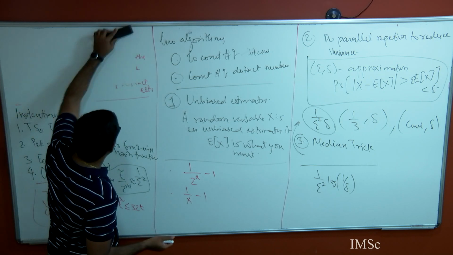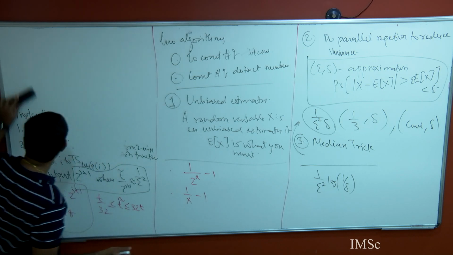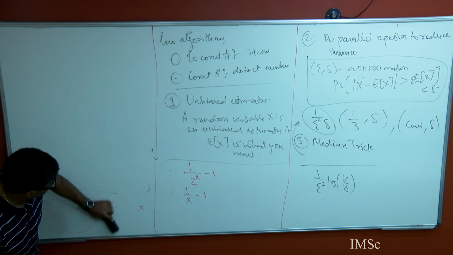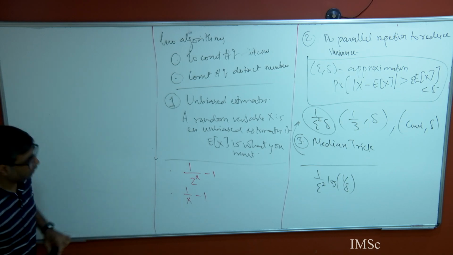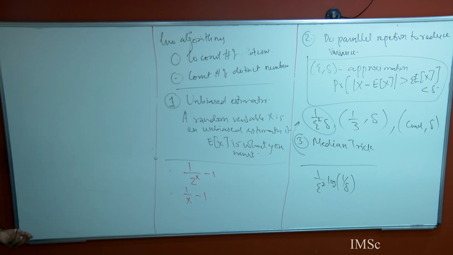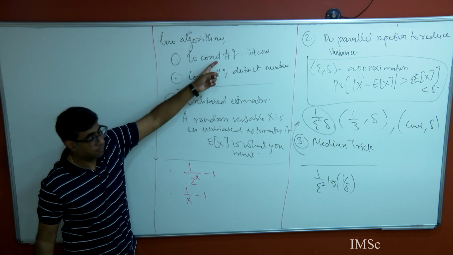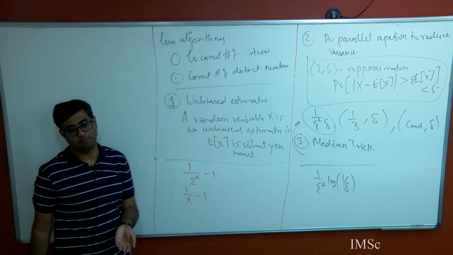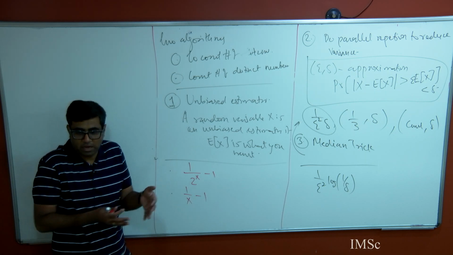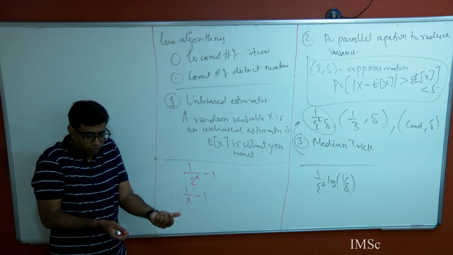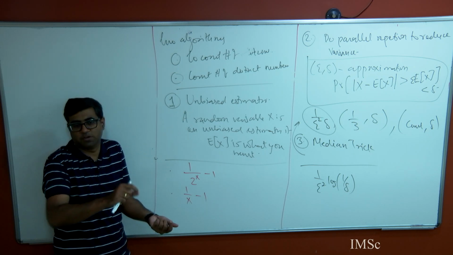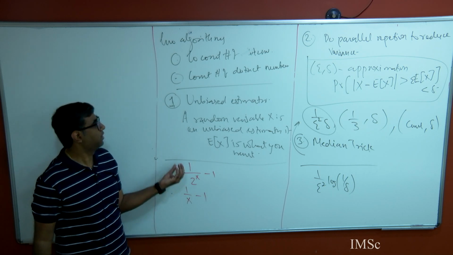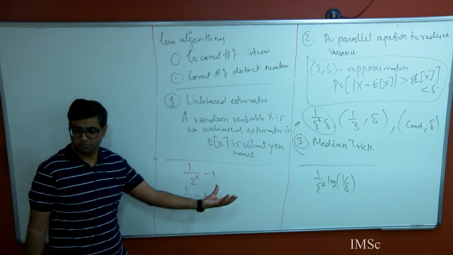Okay, so what I would like to spend the next 35 to 40 minutes on is showing lower bounds. For counting the number of items, we said that if you are looking for an exact algorithm, you cannot have fewer than log n bits, because for any algorithm which uses s bits, 2 power s must be greater than or equal to n.